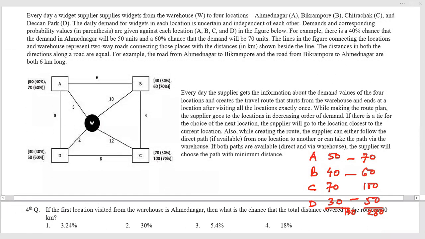Now let us get the fourth question, where it demands that if the first location visited from the warehouse is A, first is A, then highest definitely.